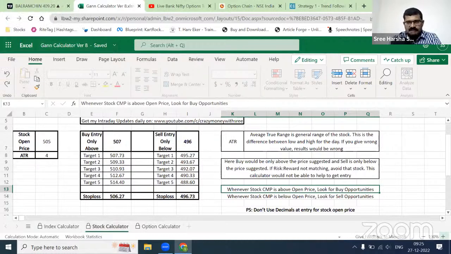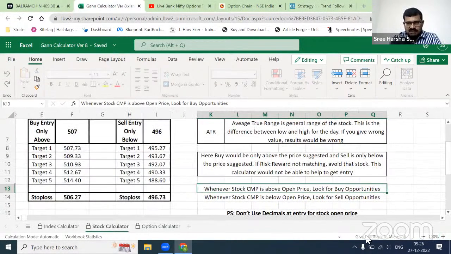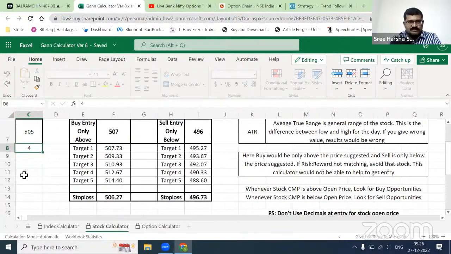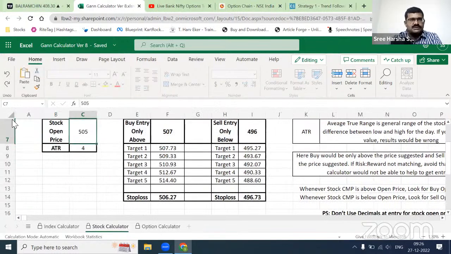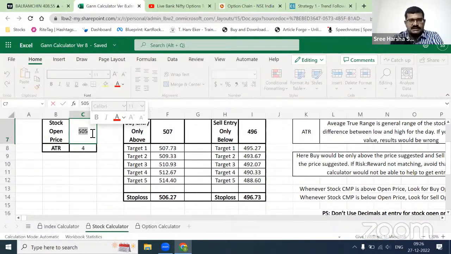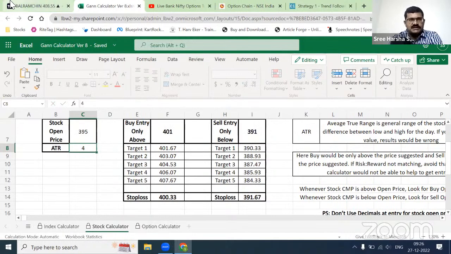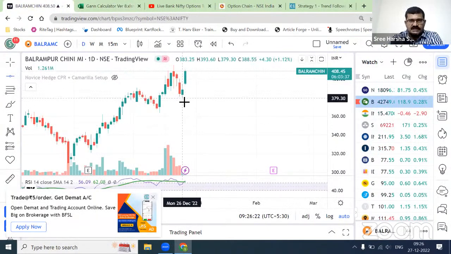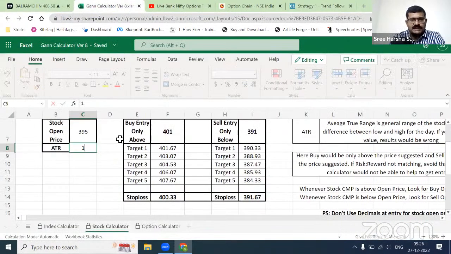And here, let's look at this. So what was the price? 395 is the open, and the average trading price is around 14 rupees.